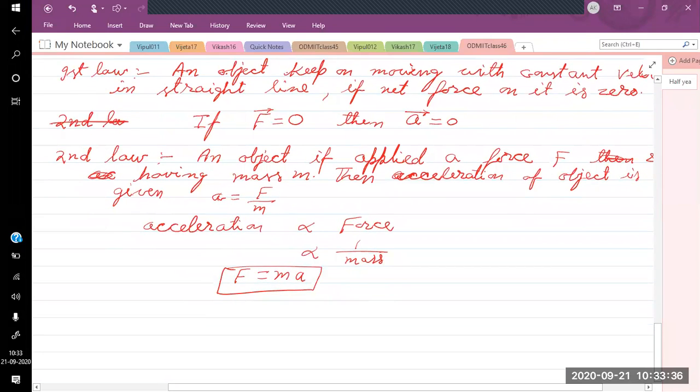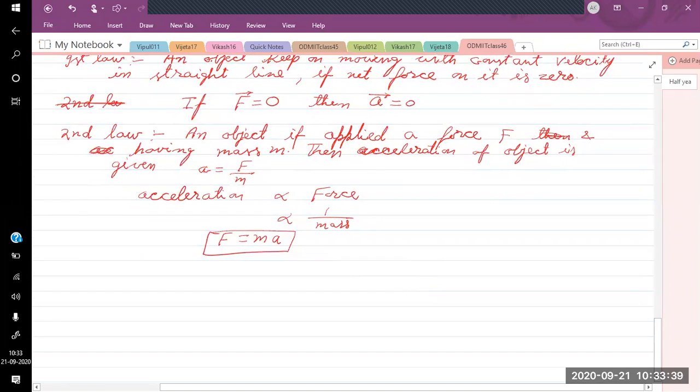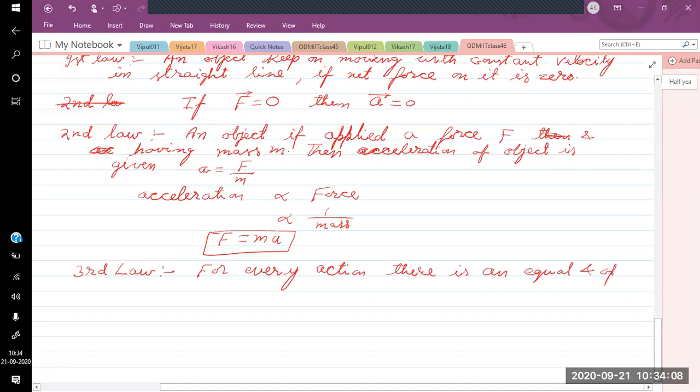Okay, similarly we write the third law. So what is the third law? For every action there is an equal and opposite reaction.